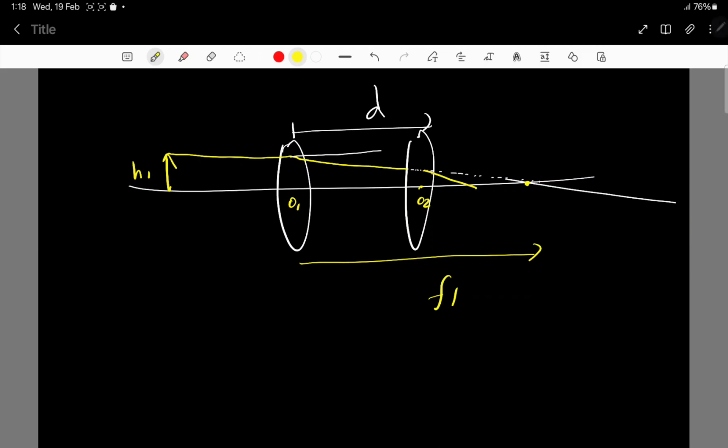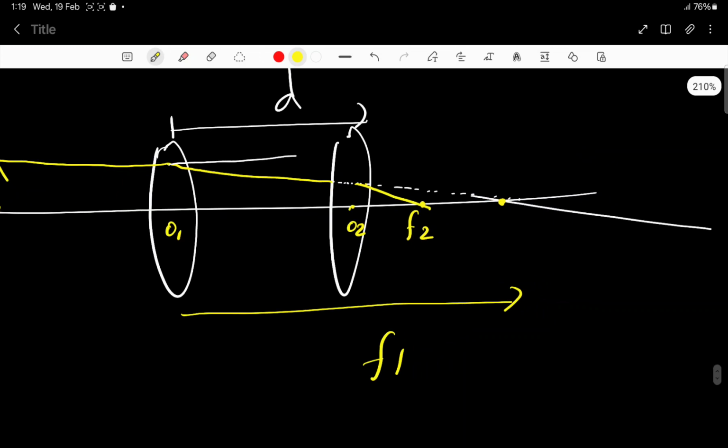In that case, these light rays can be treated as approximately parallel to the principal axis at this lens too. So after passing through the second lens, this parallel light ray will also get converged to the focal point f2.